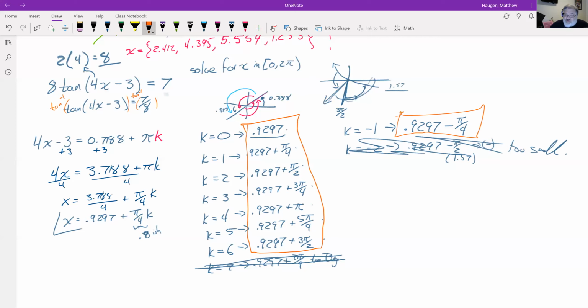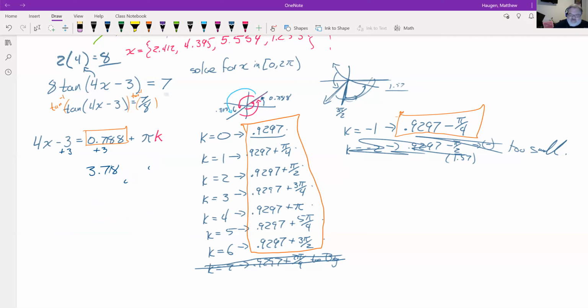And one of the reasons I wanted to do it that way is if you wanted exact values for these, this 0.7188 is the only place that we're really approximating here, other than when we divide by 4. So it's actually not uncommon, when we need to stay exact or don't have values and we're just dealing with abstract numbers, for this to stay as the tan inverse of 7/8.